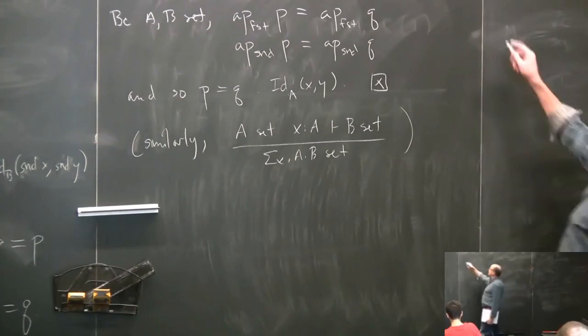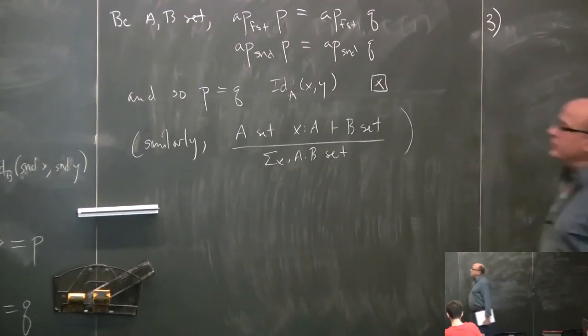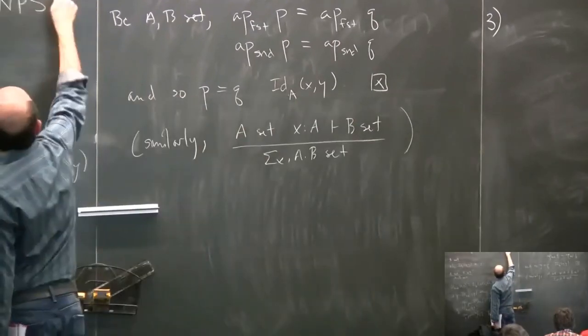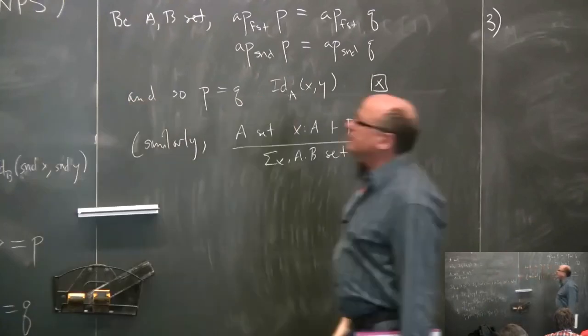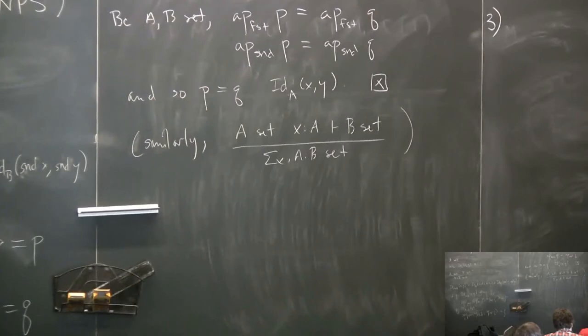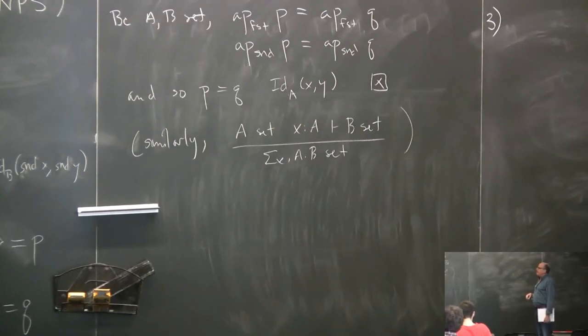So you see what I'm doing now. In fact, if you look at the NPS book that I put on the web page, the 20-year-old book about ITT, they actually use the terminology set. Okay, I don't think they were thinking of homotopy sets in this sense, but they called them sets.